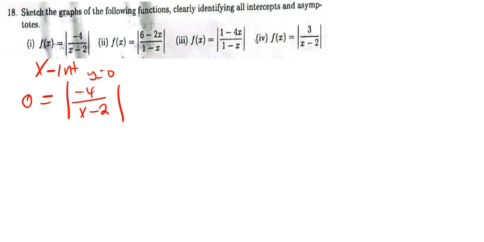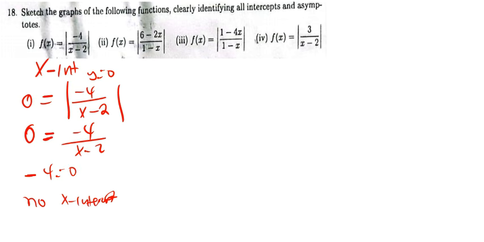To find the x-intercept, we agreed that y should be 0. So in this case, 0 is equal to the modulus of (negative 4x minus 2), and when I cross multiply and remove the modulus, what will be my intercept? It is still going to be negative 4 is equal to 0. So I'll have no x-intercept.